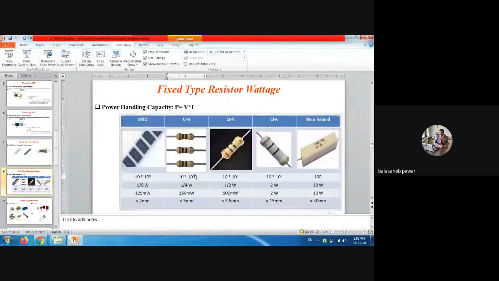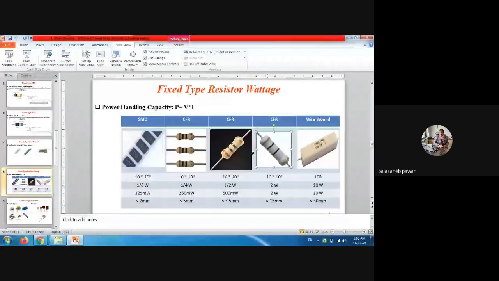Just check the size, or just imagine it is quarter watt. Again, the third one I have shown is somewhat large in size as compared to the previous, while the color bands are also the same, brown, black, black. Means it is again 10 ohm, but its size is more. Again next, it is somewhat more as compared to previous. Color band is also the same, brown, black, black.